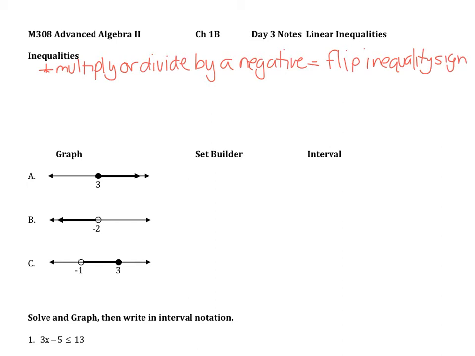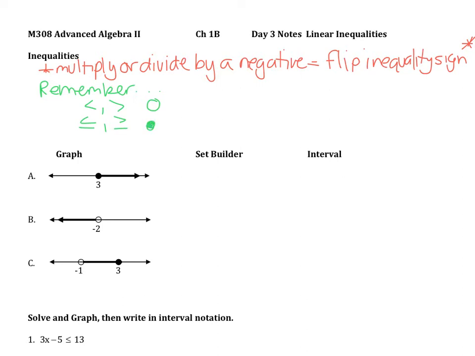Now besides this, there's not too much different with solving. We are going to talk about a few things with notation though. If you remember, in the past when you've had inequalities, a less than or a greater than sign you would graph with an open dot, and a less than or equal to or greater than or equal to you would graph with a closed dot.